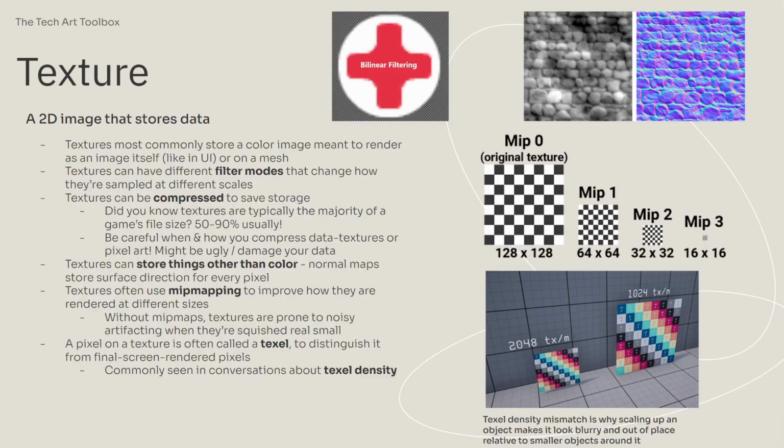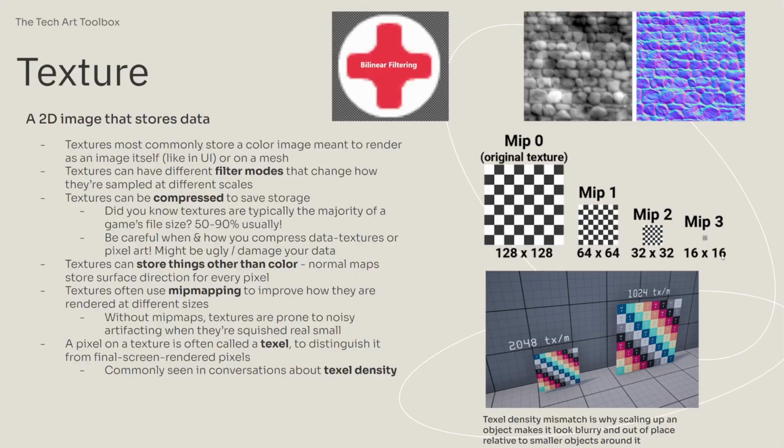Textures, I already talked about normal maps. There's also a thing called mip mapping, which is a technique to improve how textures appear when they're zoomed out. Filtering is often used when you're zooming into a texture, but if you see a texture from a great distance, without mip mapping, you'll often see flickering, because the texture is so miniaturized that you're seeing flickering between the black and white, here for example.